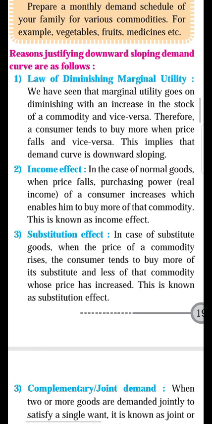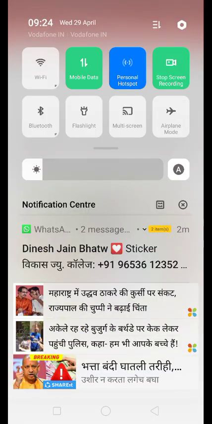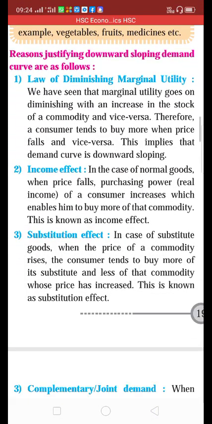After that we have seen there are two classifications of demand, that is individual demand and market demand. Individual demand is that demand which is purchased by a single buyer, means the total quantity of the commodity purchased by a single buyer is called individual demand.